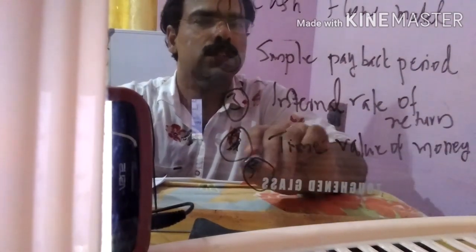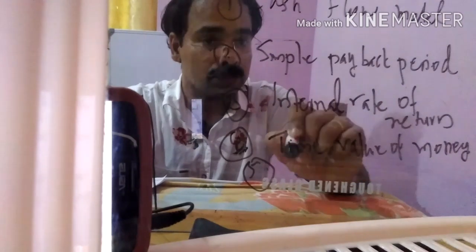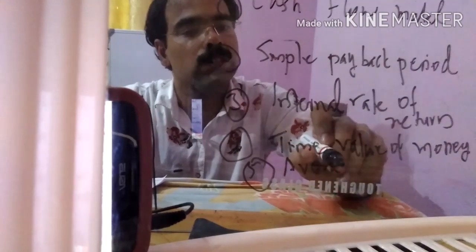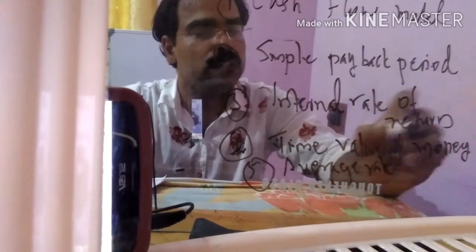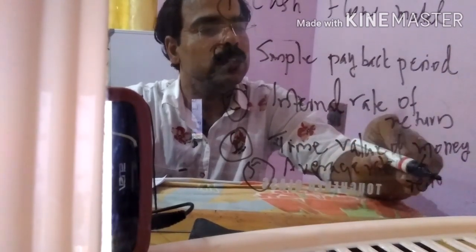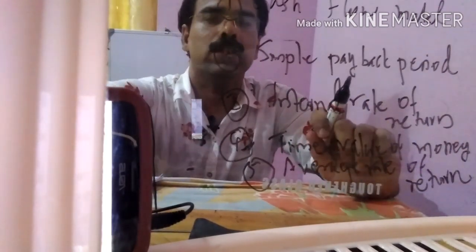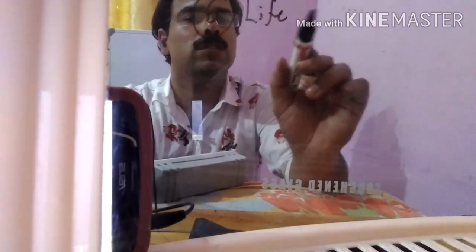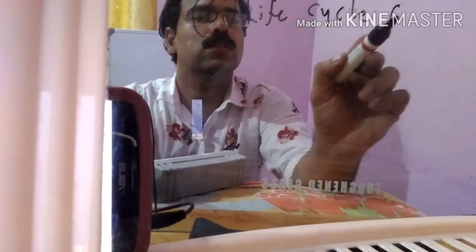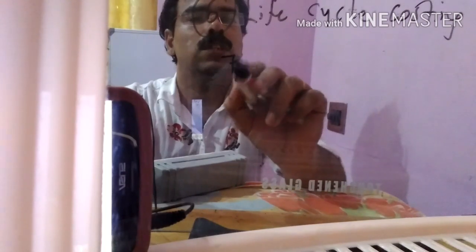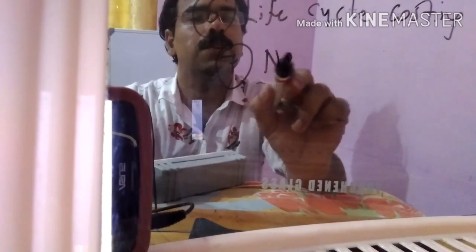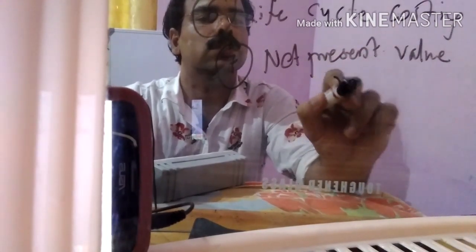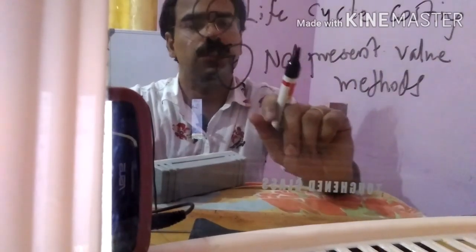Fifth one is average rate of return. Sixth one is life cycle costing. The last one is net present value methods. So these are all the topics which we need to consider.